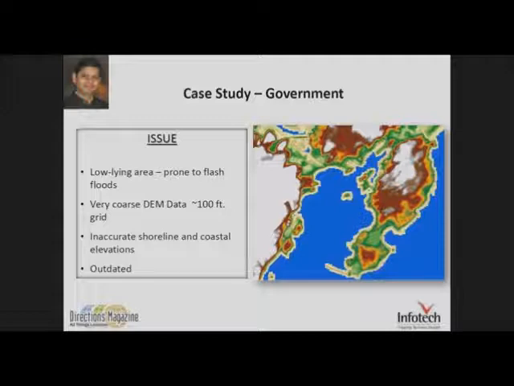Also, as you see here, the area has the shoreline on all three sides. Over the years, the client was utilizing very coarse DEM, and the coastline information was not up to date. Due to inaccurate data, the models created by public works and the stormwater departments were not yielding the expected results.